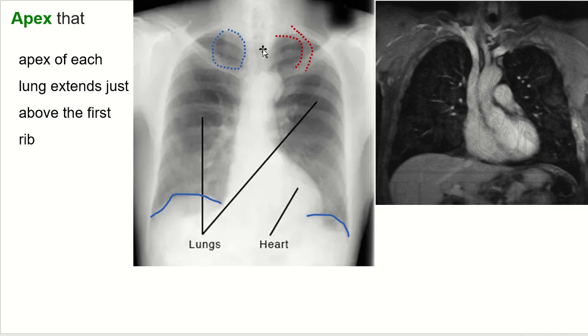So in chest x-ray, this is the apex of the lungs, this is first rib, this is right dome of diaphragm, this is left dome of diaphragm. Right dome of diaphragm is superiorly present because of the large right lobe of the liver. This is liver.